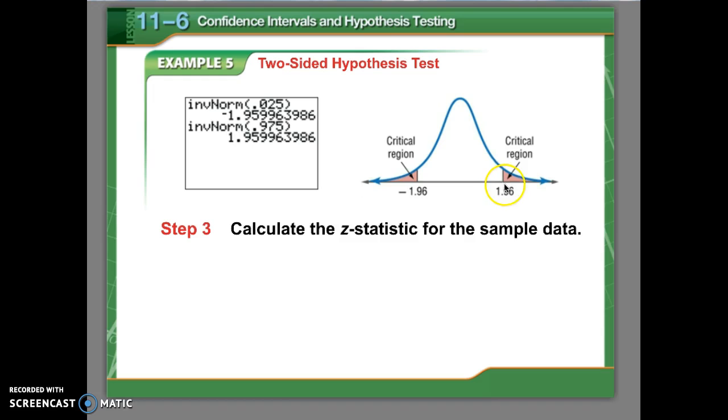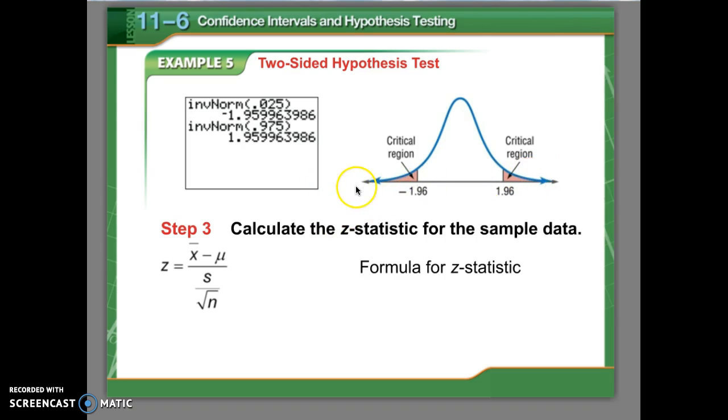So we put 1.96 as the right side tail and negative 1.96 as the left side tail. So if we calculate a z-score in step 3, and our z-score is any number that's greater than 1.96 or less than negative 1.96, then we're going to reject the null hypothesis. But if it's not in that region, then we fail to reject the null hypothesis.